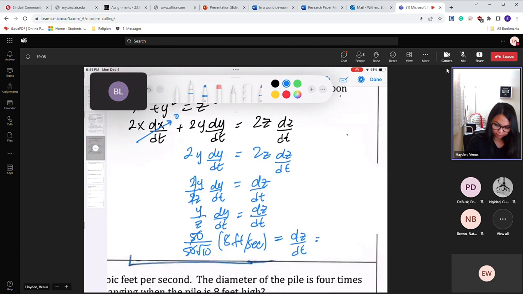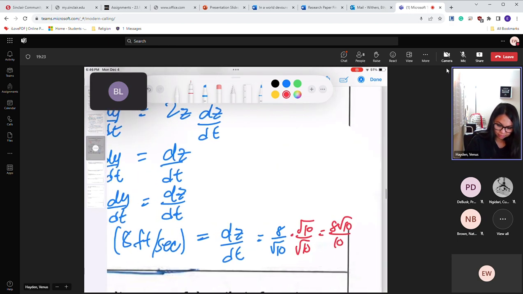We're left with 8 over radical 10 feet per second, but we could simplify that by multiplying top and bottom by radical 10. That gives us 8 radical 10 over 10, which can be simplified to just 4 radical 10 over 5, and that will be feet per second.